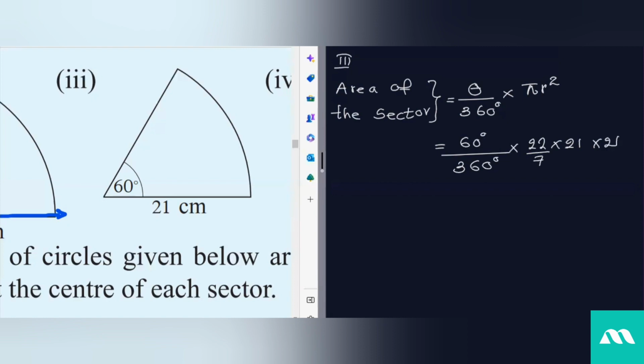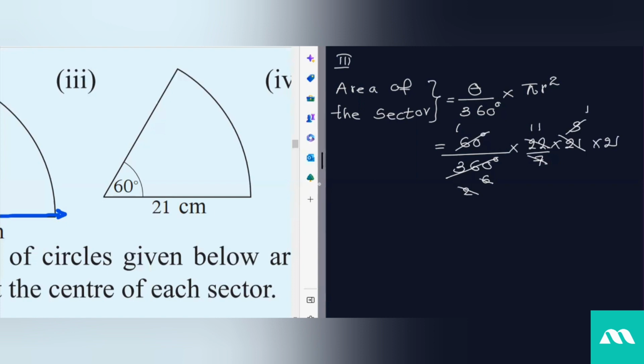Then 360 divided by 60, we can obtain 6. 21 can be divided by 7, it is 3. 3 can be divided by 3 and 1 remaining. 6 divided by 3, it is 2. 22 can be divided by 2, it is 11.